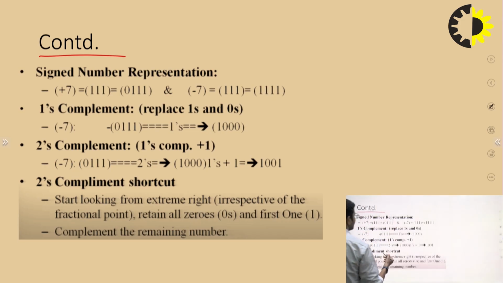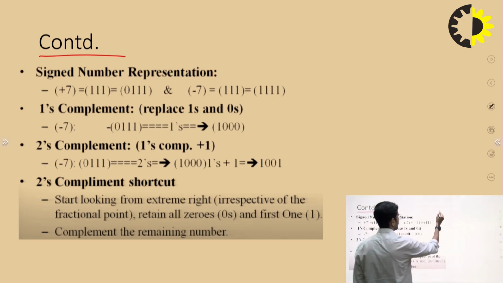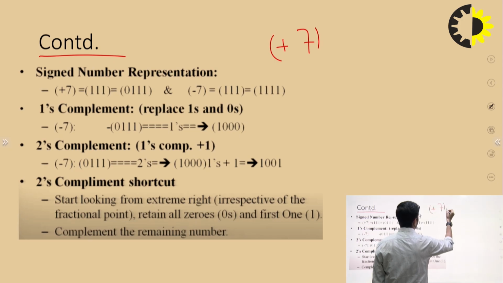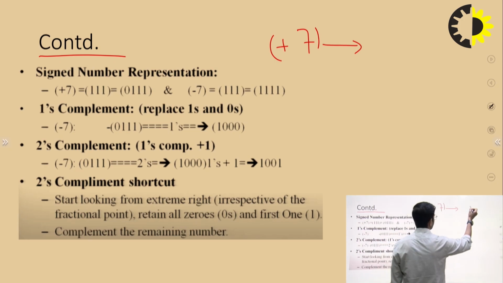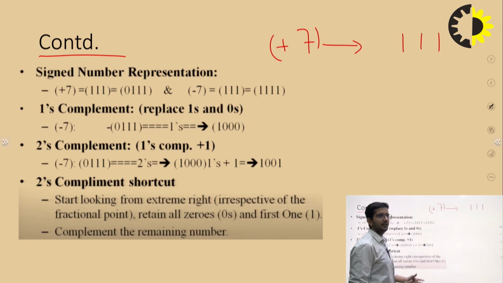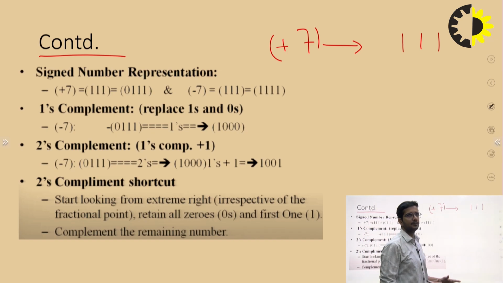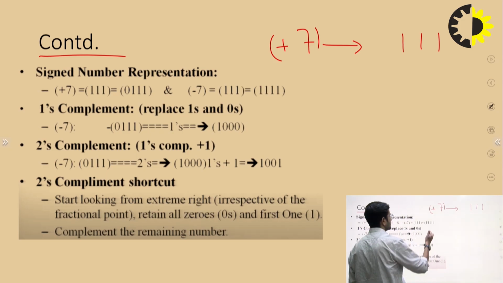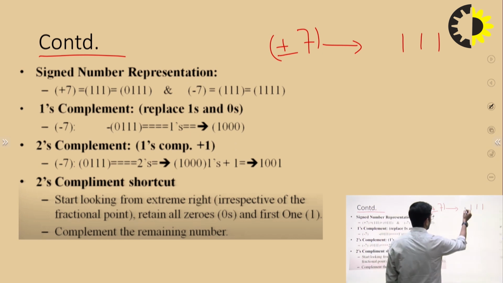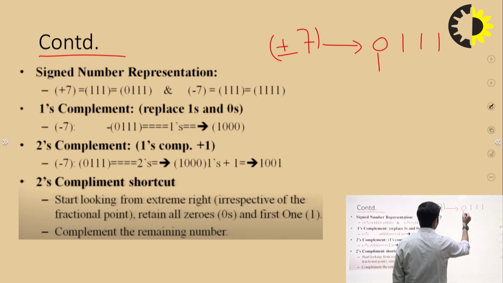So how can we represent sign magnitude? For example, plus 7. The binary of 7 is 1 1 1. But as I told earlier, in sign magnitude the MSB bit reflects whether the number is positive or negative. Here it is positive, so for a positive number the MSB bit should be 0.